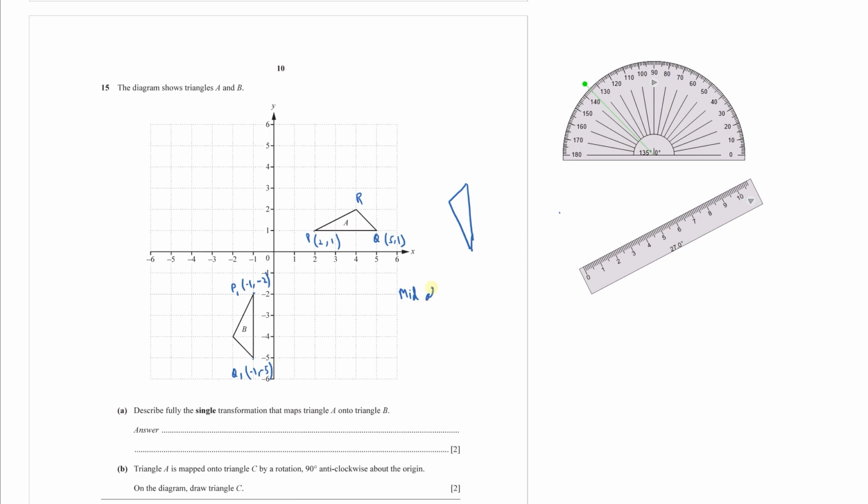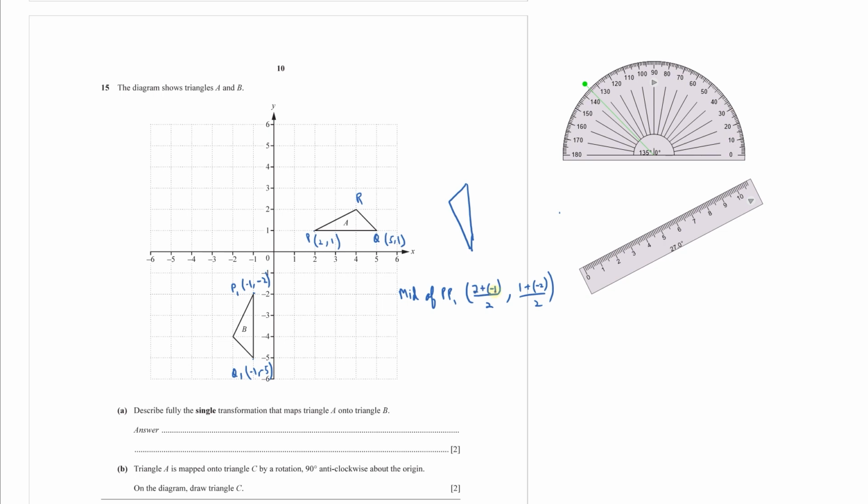So let's find the midpoint of P and P1. You simply add the x coordinates, 2 and -1, and divide by 2 to get the mid x coordinate. Then you find the mid y coordinate as well: y here is 1, here is -2, so you get 1 plus -2 divided by 2.